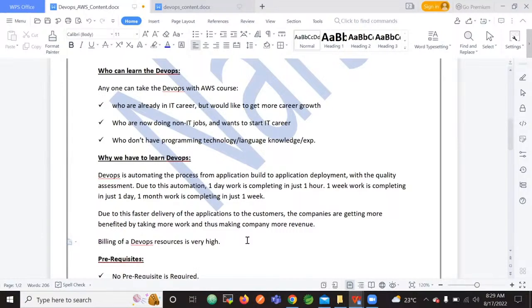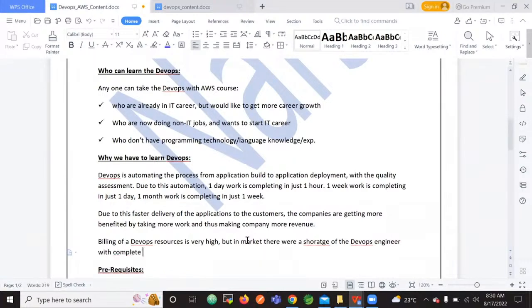The billing of DevOps resources is very high, but in the market there is a shortage of DevOps engineers with the complete skill set.